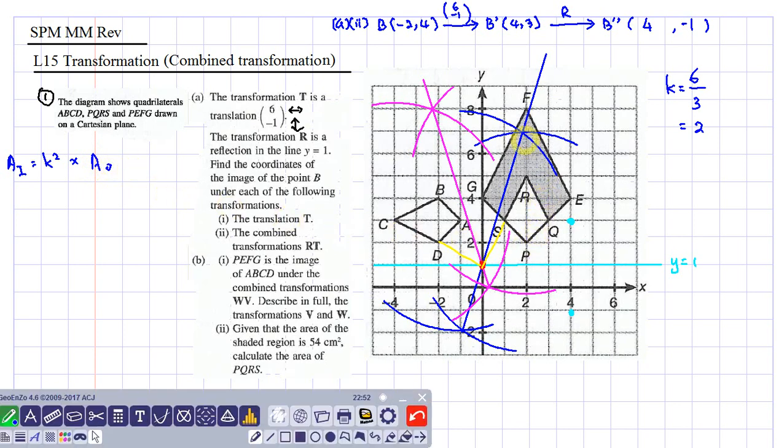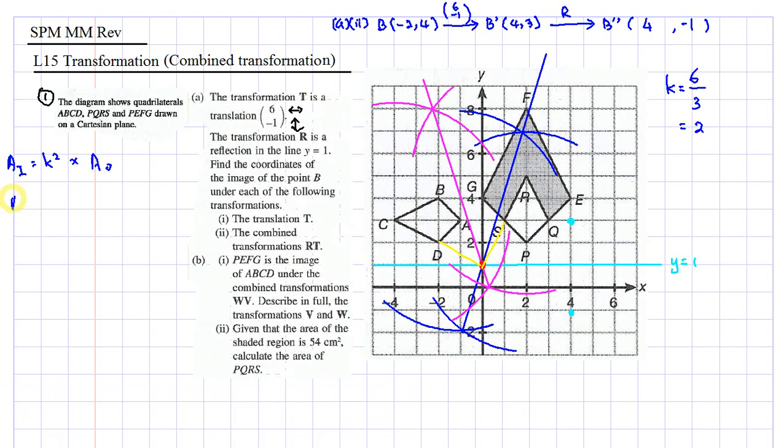So since that this shared region is 54 square centimeters, so we know that how do we get 54? It's actually using the area for the image minus the area of the object, right? Okay, so we can write an equation.